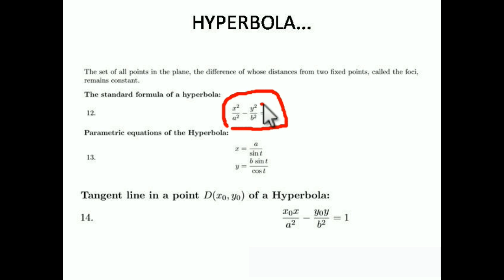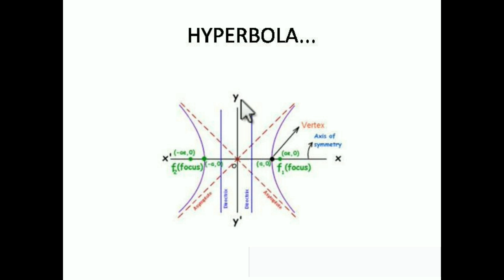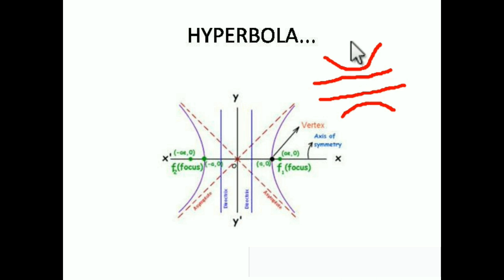That becomes the formula, and this hyperbola becomes vertical, in a vertical shape like this. If the equation is x square by a square minus y square by b square is equal to minus 1, this type of vertical hyperbola is there for that particular equation.